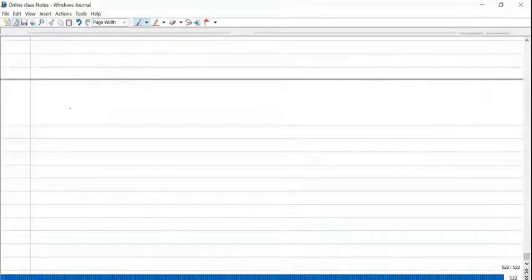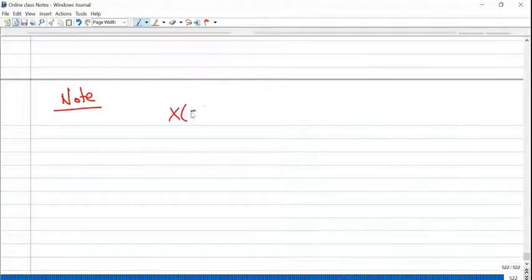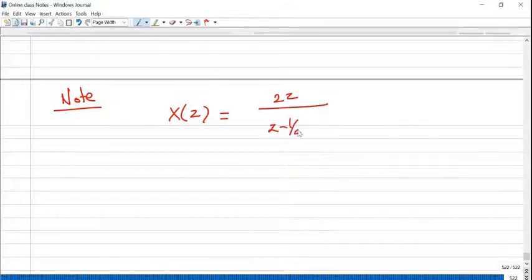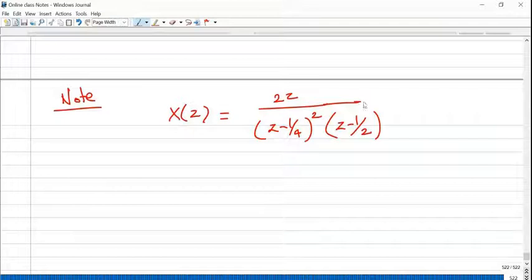Note X of z equals 2z divided by (z minus 1/4) squared, then (z minus 1/2). So how do we solve this using the residue method?